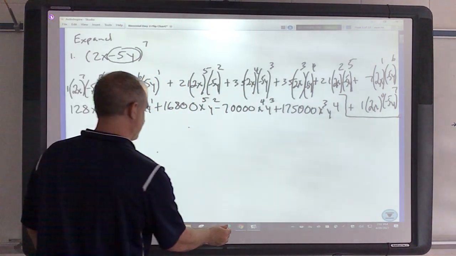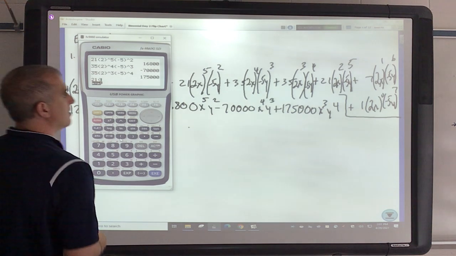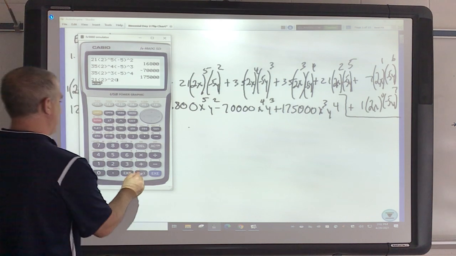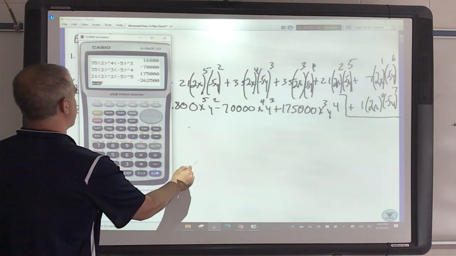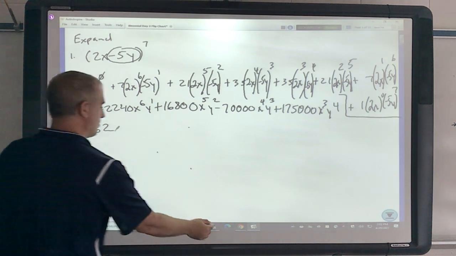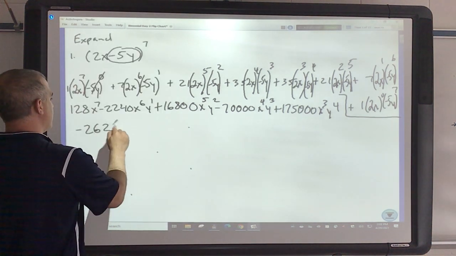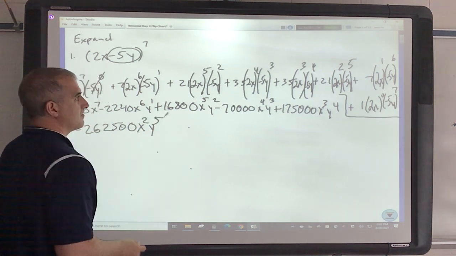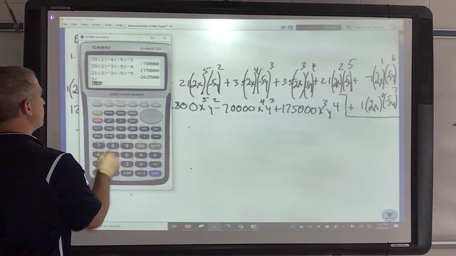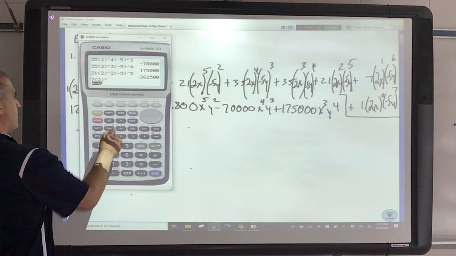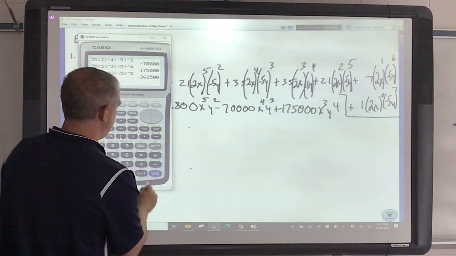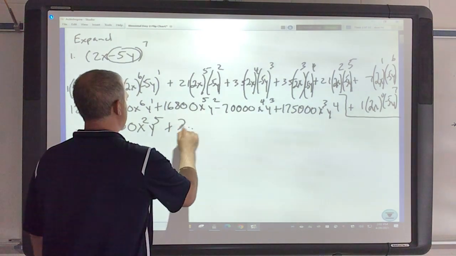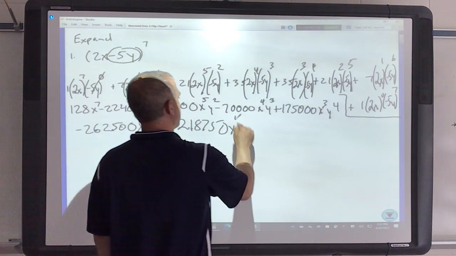Then 21, 2 squared, negative 5 to the 5th, negative 262,500 x^2 y^5. Then 7 times 2 to the 1st, negative 5 to the 6th, 218,750 x y^6.